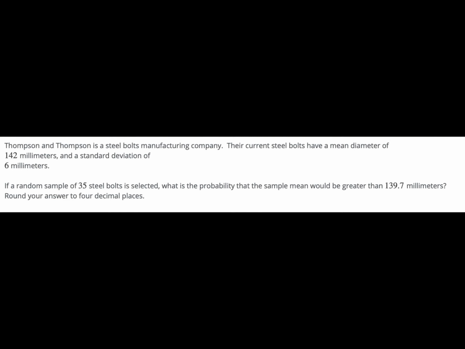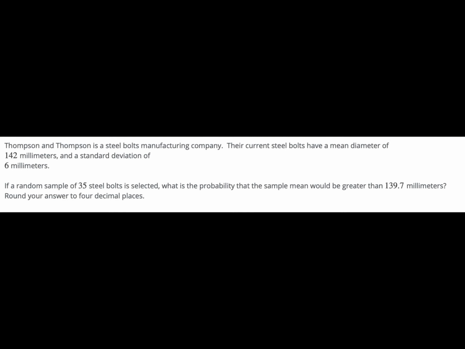Okay, now I want to look at this example. This comes from the homework. This one is very similar to what we have just done. It's just more of an open-ended one, and then the following one will be the one that's kind of different to this. What this says is Thompson & Thompson is a steel bolts manufacturing company.